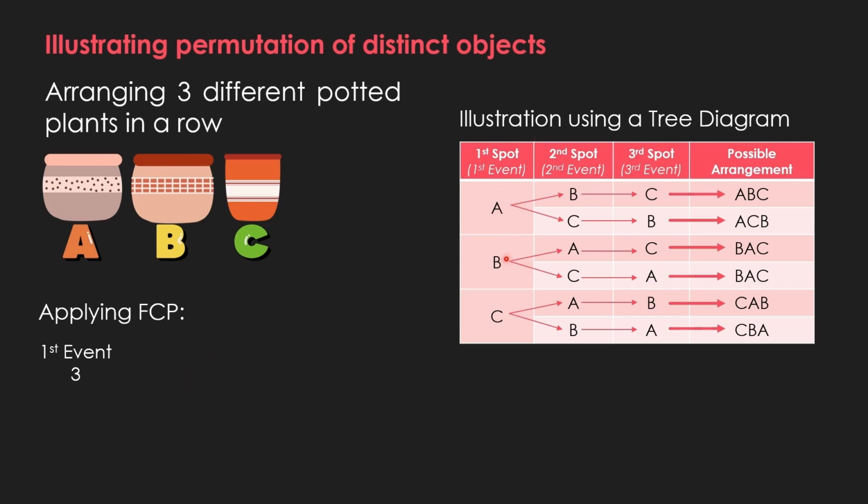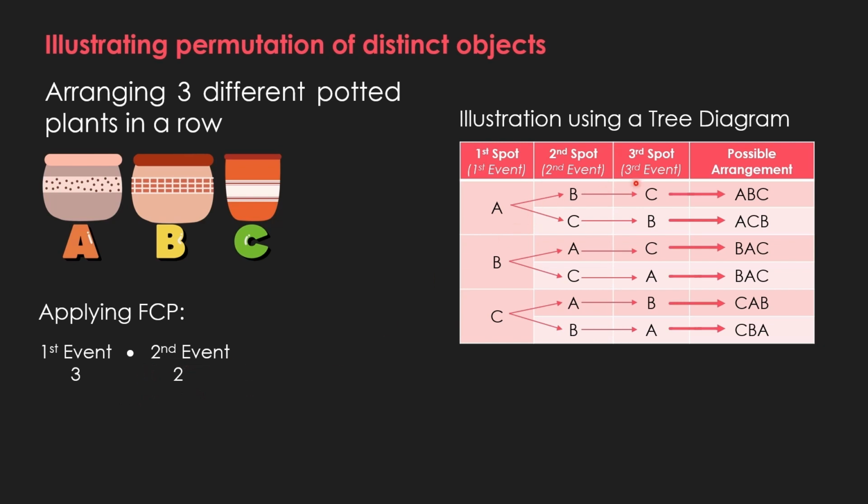On the second event, we only have 2 choices available. And we know that applying the fundamental counting principle, we multiply the events that happen at the same time, so we have times the second event.